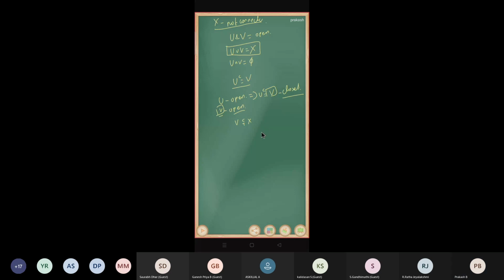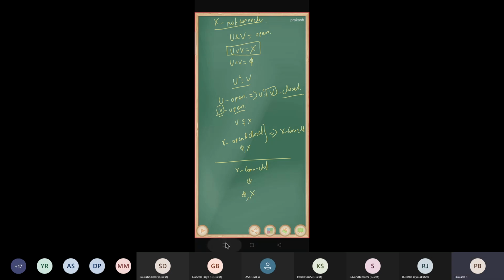So the conclusion is if X has only the empty set and X as open and closed sets, that implies X is connected. Okay, so we have a result: X is connected if and only if its only open and closed sets are the empty set and X.